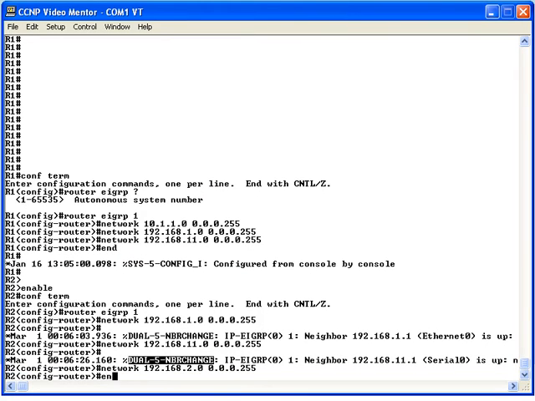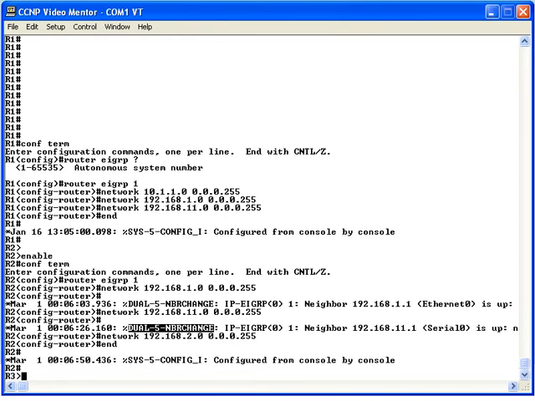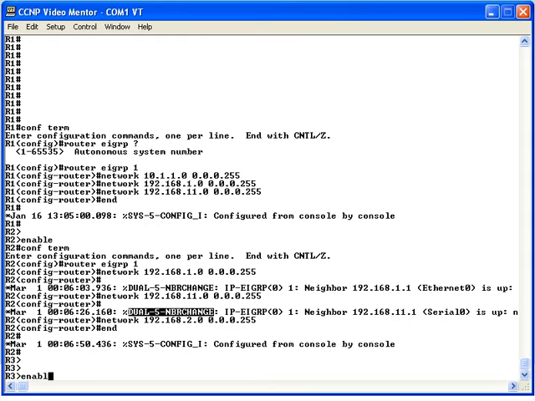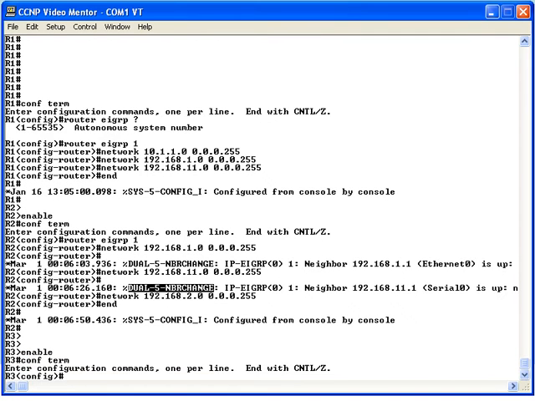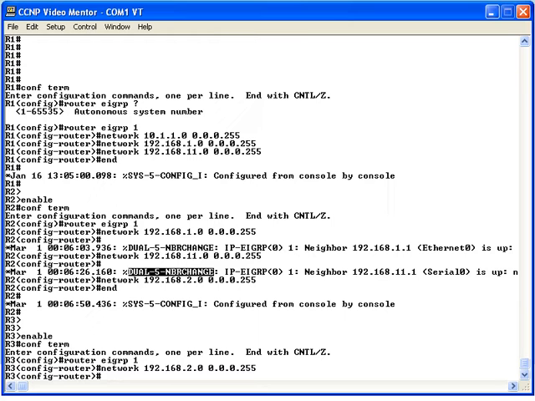Finally, we need to move over to router R3. Over on router R3, we need to configure just a couple of network statements. Let's get moved over to router R3, get into global configuration mode, enable EIGRP again with an autonomous system number of 1, and the first network statement is going to be network 192.168.2.0 with that 24-bit wildcard mask.